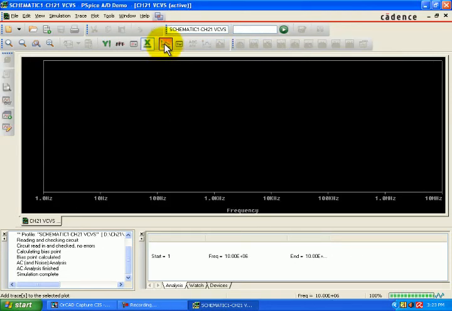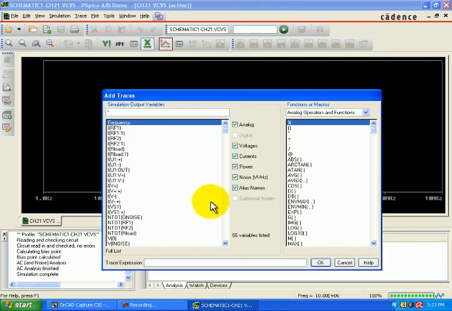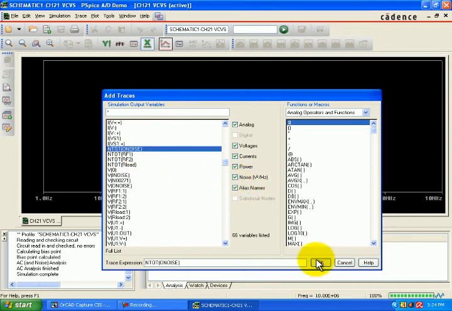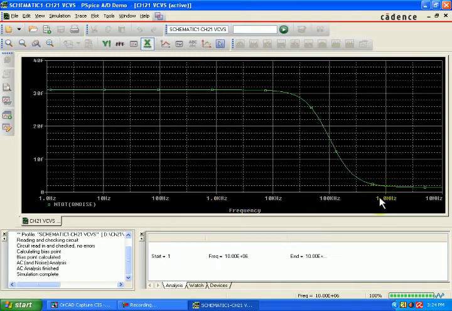RL is 5K. Now generate the graph for the noise; this is the noise graph, the value of the noise.